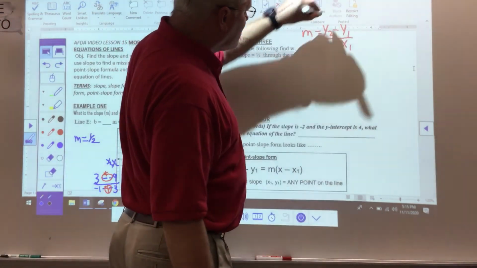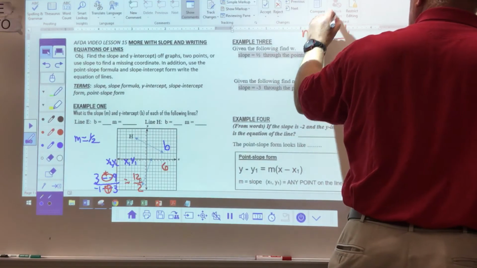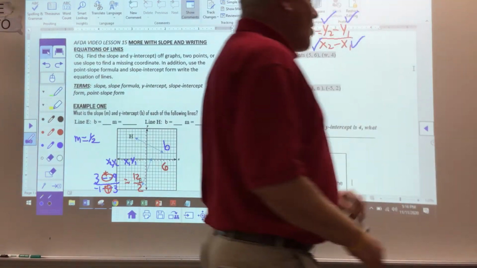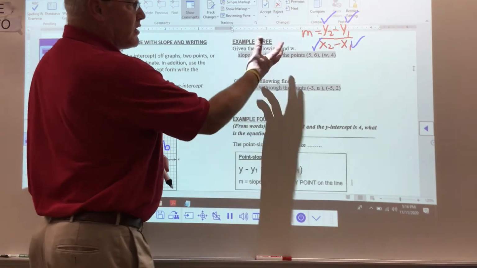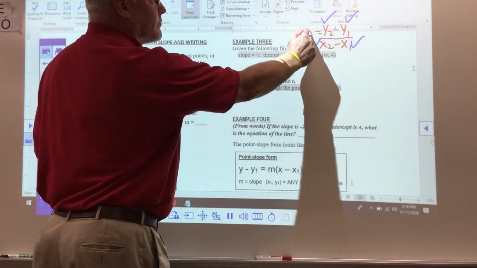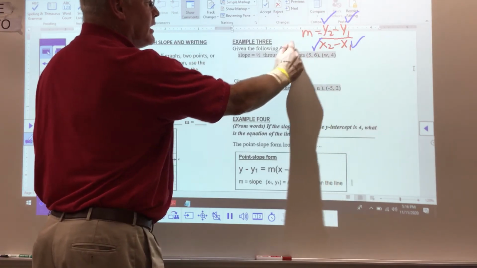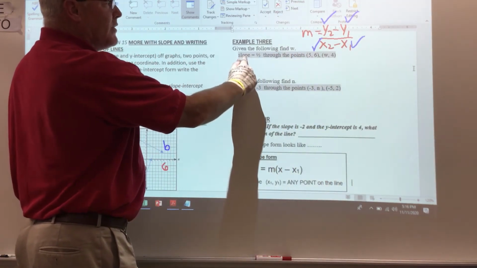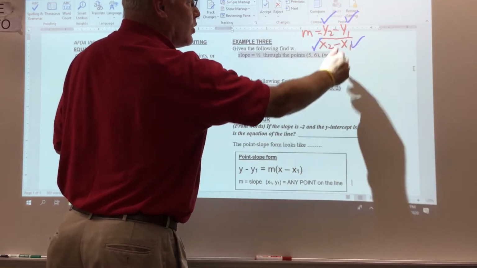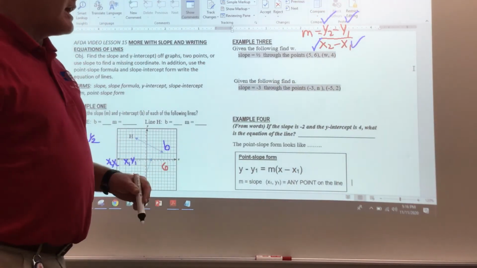My y sub 2, my y sub 1, my x sub 2, and my x sub 1. Well, there's some problems that occur in algebra that sort of manipulate this formula. We use this to find m. In this problem, they gave you the m, and they want you to find one of these check coordinates over here. So how would we set that up?